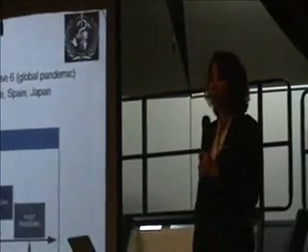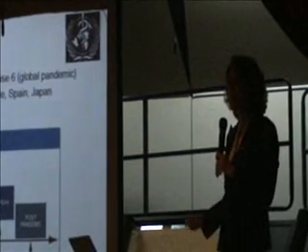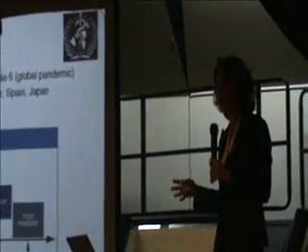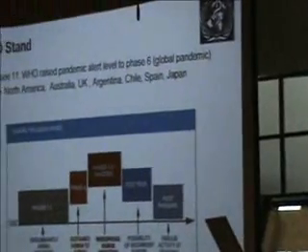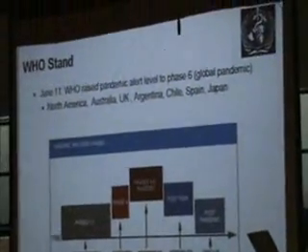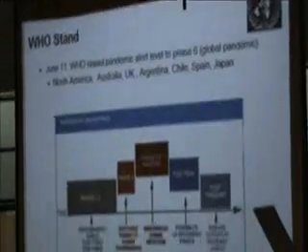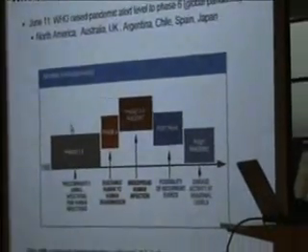If we come back to the pandemic level, you heard on the news that the level was raised to level 6 pandemic. What does this mean? This is the World Health Organization's stand on the virus. Phase 1 of an infectious disease is when you have the disease predominantly in animals.